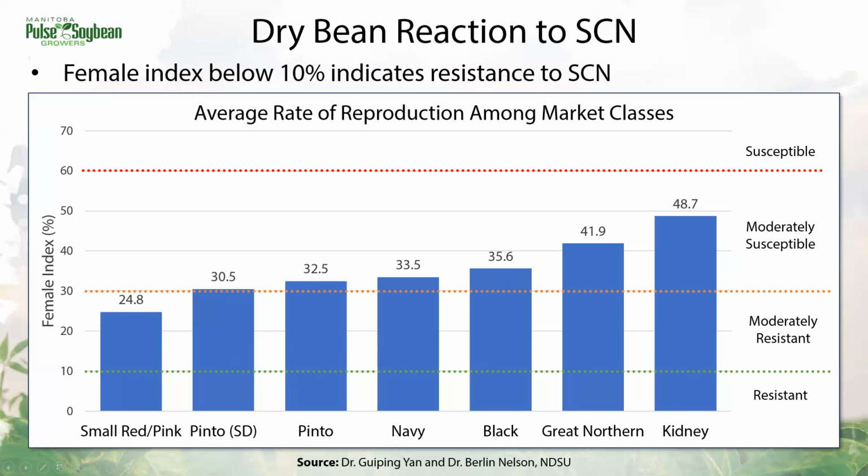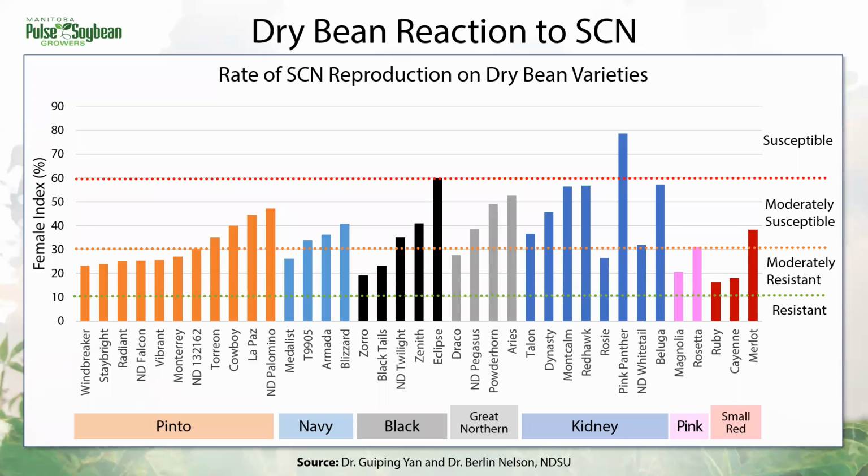There is a lot of variability, though, among varieties within market classes. If I break that down further, looking at the specific varieties that they tested, you can see there's a lot of range going into each of these averages for the different market classes. If we look at pinto beans on the left, Windbreakers and Vibrants are moderately resistant.